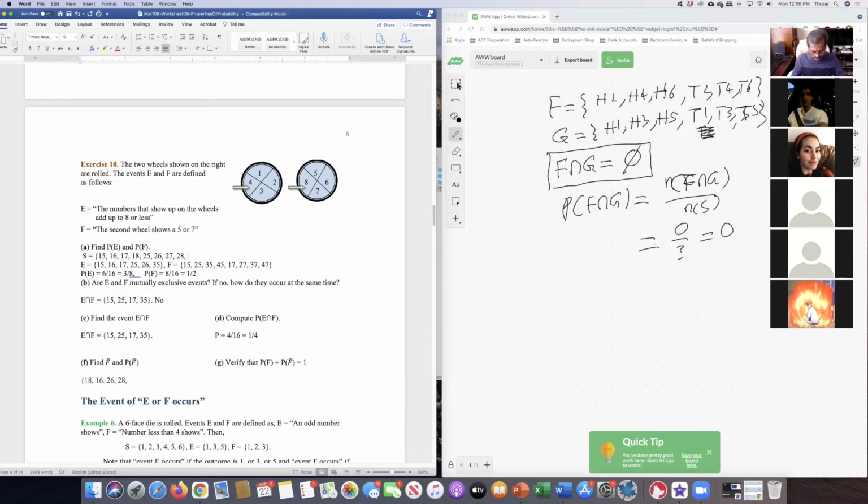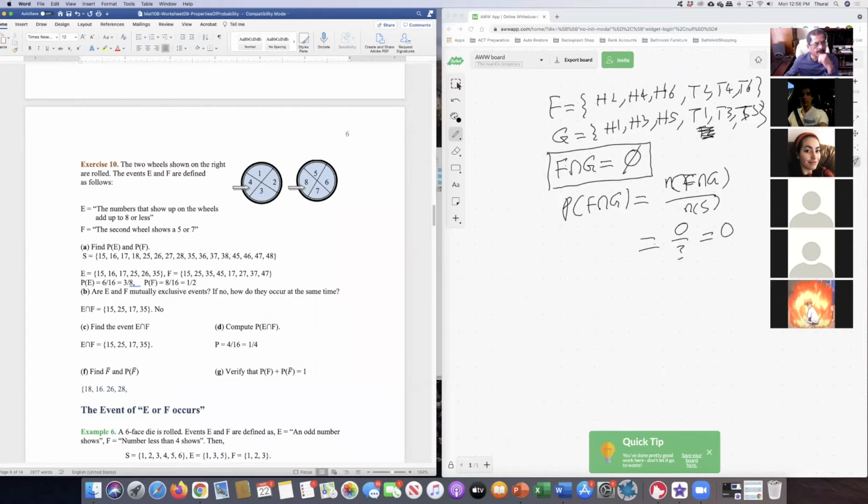Same thing with the 3: 3, 5, 3, 6, 3, 7, 3, 8, 4, 5, 4, 6, 4, 7, 4, 8. All right, so that's all we have in the sample space.